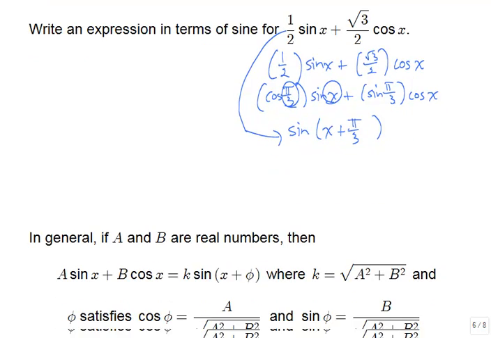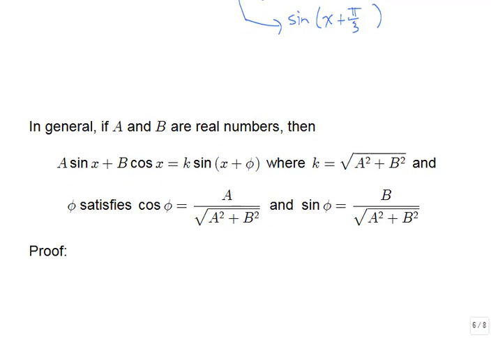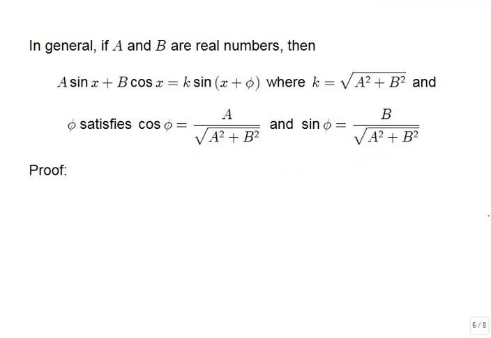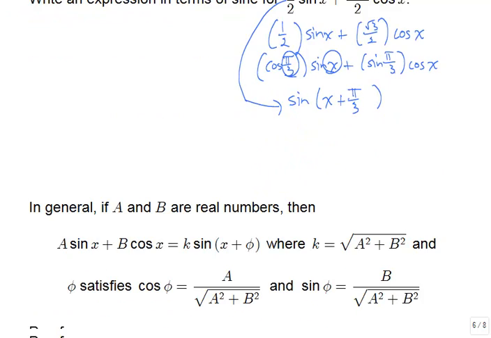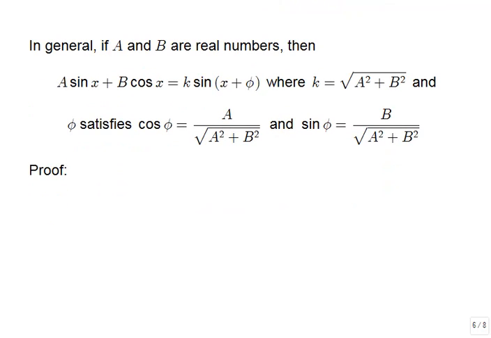So what we're going to show down here is basically a formula for how that's always possible to do. If you have any expression of the form a sine x plus b cosine x, and that was kind of like what we had up here, the a and the b were these coefficients in front. A and b can be any real number.